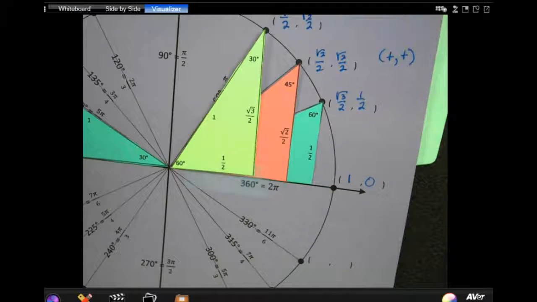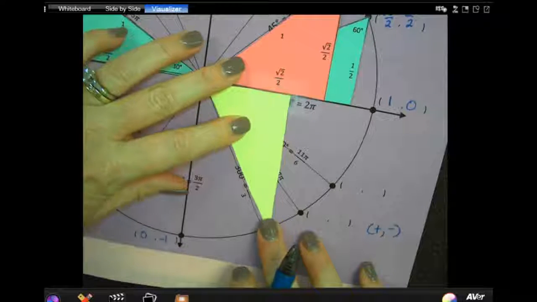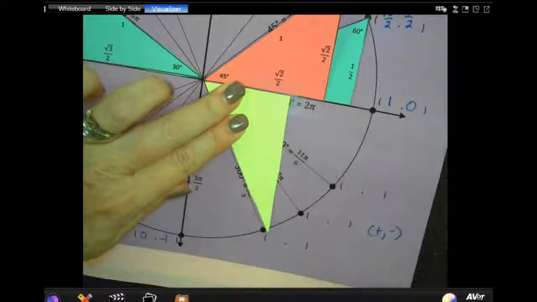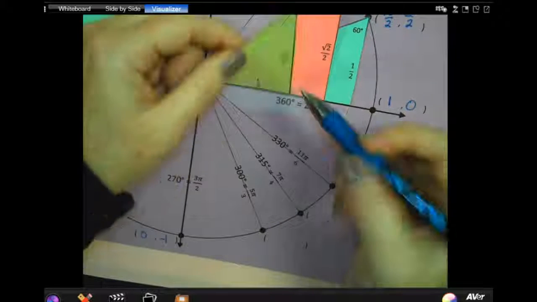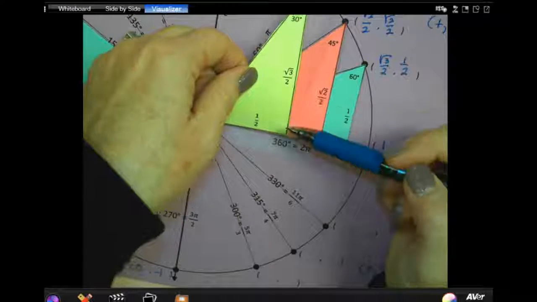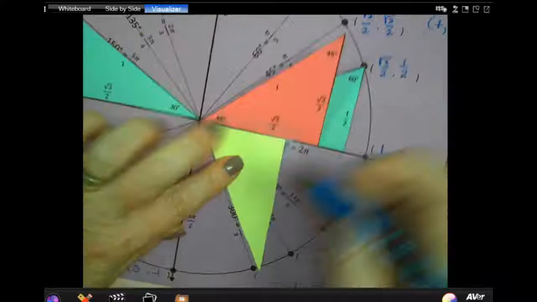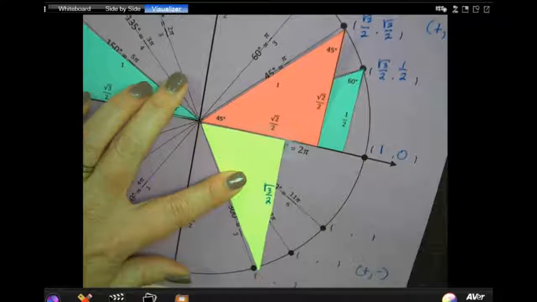Now listen. After you tape these down, if I want to do the bottom, if I flip this down, you're going to label the triangle. So this side right here is the square root of 3 over 2.